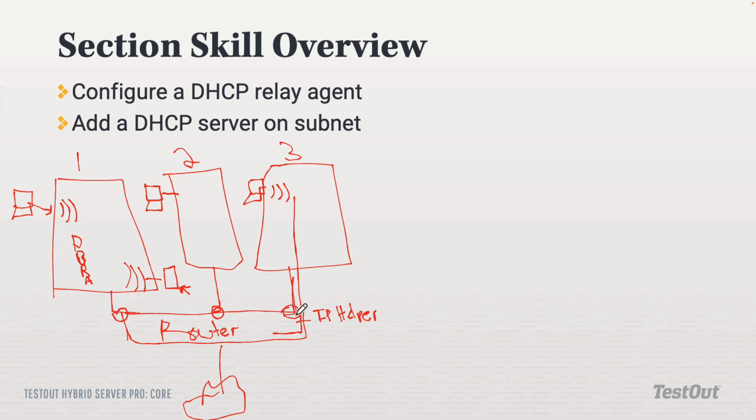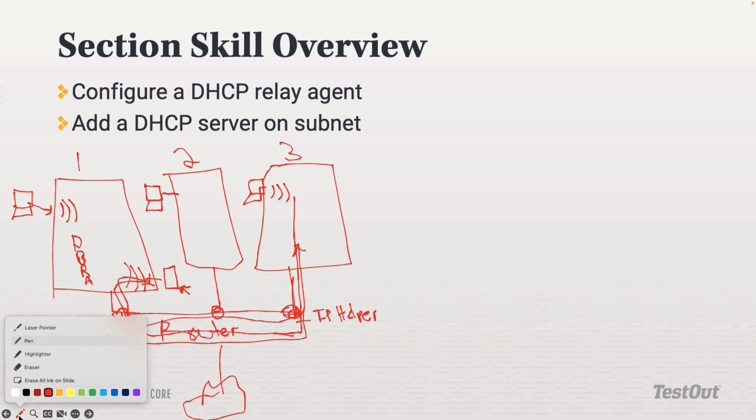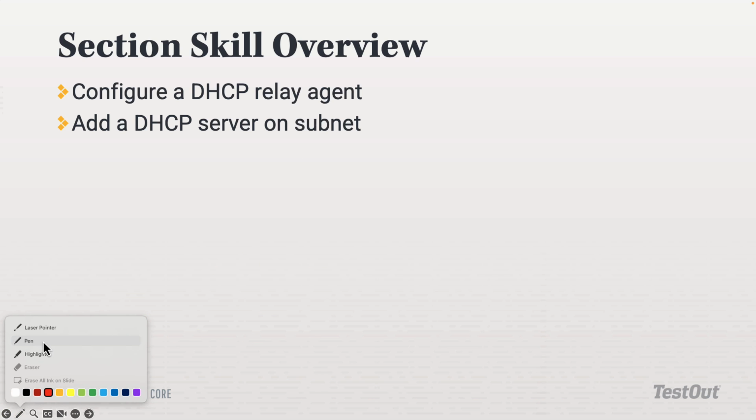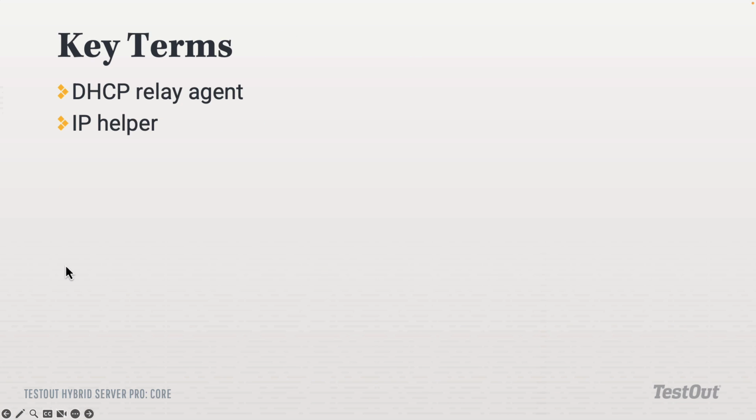Then once it gets to this interface right here, it can safely go through and have a conversation with our DHCP server, okay? So that is the idea of our relay or our IP helper, okay?